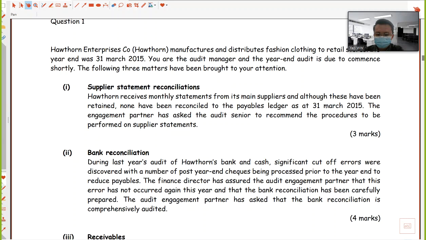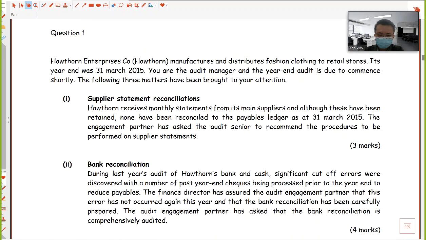Holton Enterprises Co. manufactures and distributes fashion clothing to retail stores. Year end is 31st of March, and you are an audit manager. Supplier statement reconciliations: the company receives monthly statements from the main suppliers, and although these have been retained, none have been reconciled to the payable ledger.